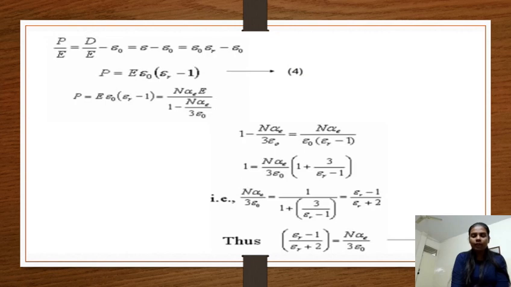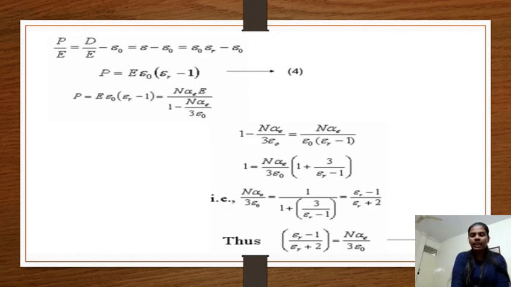Now 1 equal to N alpha e by 3 epsilon naught into 1 plus 3 by epsilon r minus 1. That is N alpha e by 3 epsilon naught equal to 1 by 1 plus 3 by epsilon r minus 1. By taking LCM, epsilon r minus 1 by epsilon r plus 2.